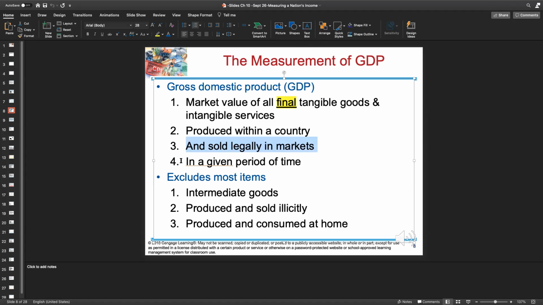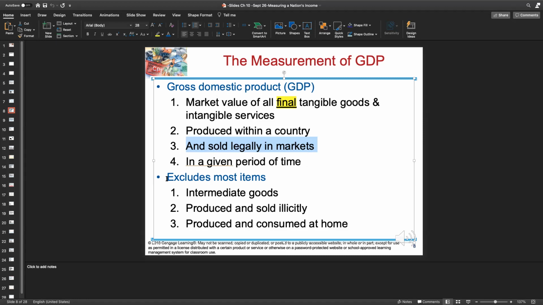The other factor we have to consider in calculating the gross domestic product is that it should be in a given period of time. So usually we calculate the GDP either annually or quarterly.